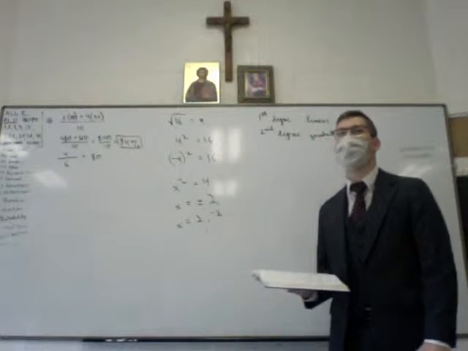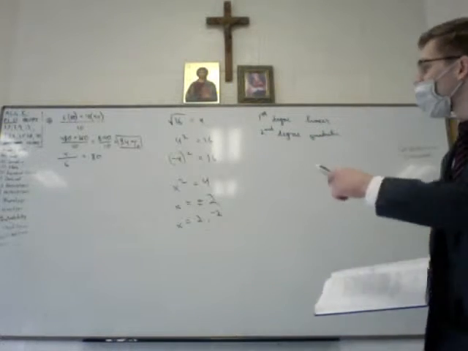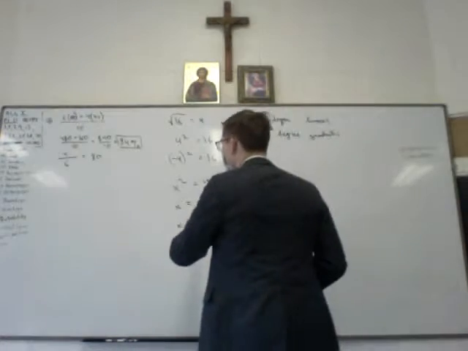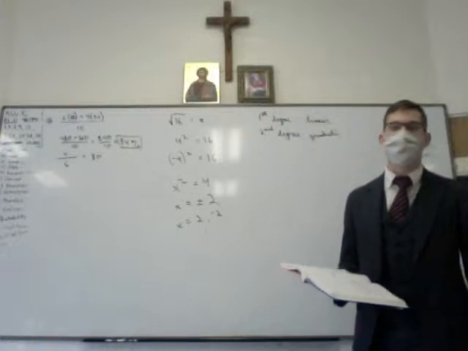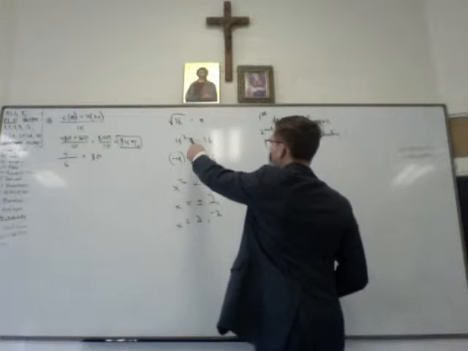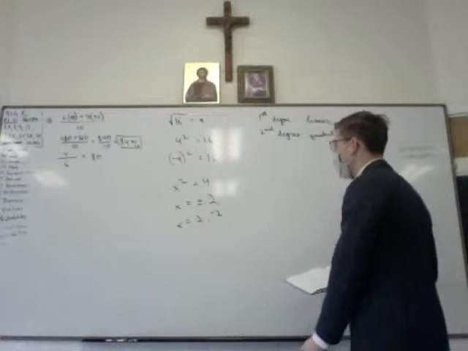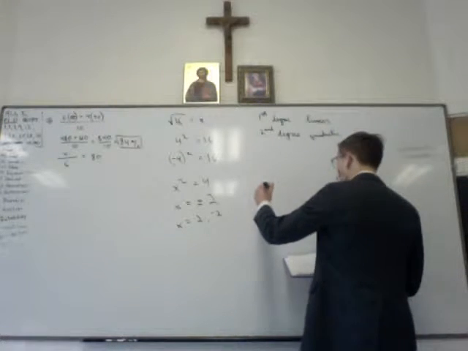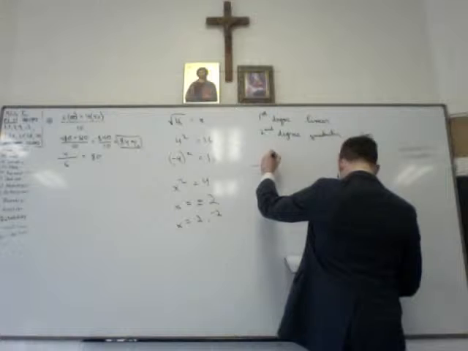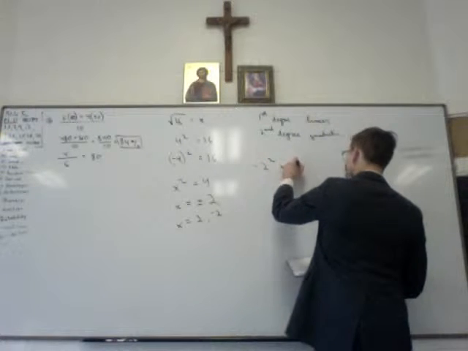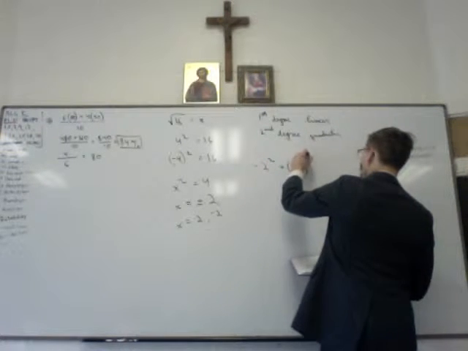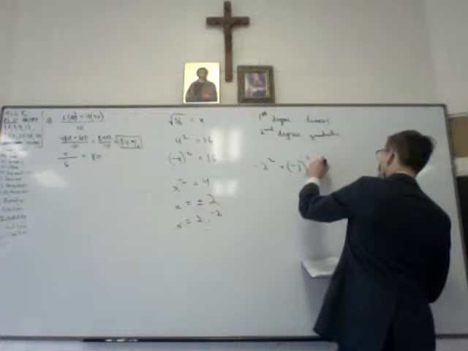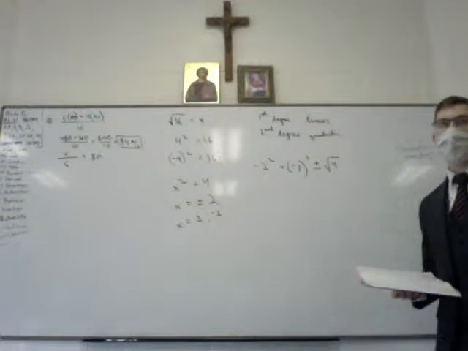Sometimes, if I don't use this sign, just assume that I mean the positive root. So if I ask you the square root of 16, just give me 4. However, sometimes you'll see equations written like this, and they give you an example here, example 62.6. Let's do that together. Negative 2 squared plus negative 3 squared, plus or minus the square root of 4.